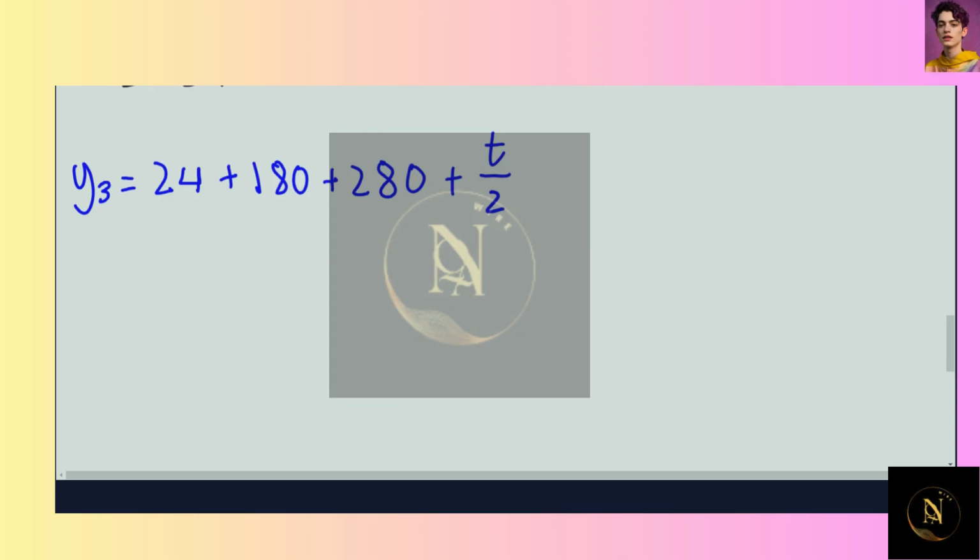And we know that t is equal to 10 millimeters. And so plugging in t, we'll get a center of gravity for y3 that is equal to 489 millimeters.